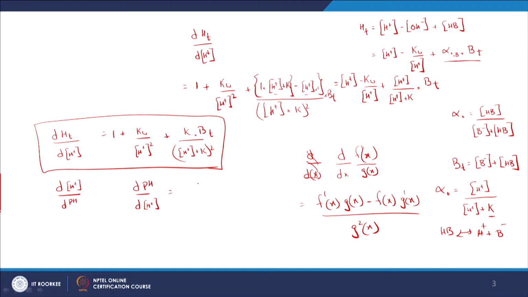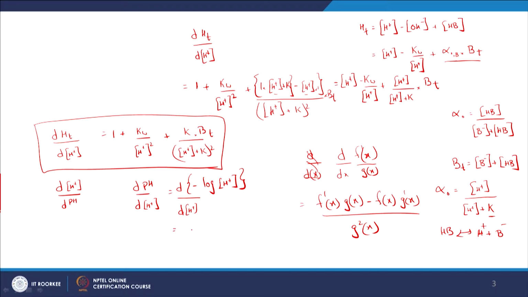And what is that going to be equal to? We know that pH is minus log h plus, right? And so that derivative is what we are trying to look at here. But we know that, you know, integrals and derivatives, we can't look at log to the base 10. So we need to transform this into natural logarithms, right? So how do we do that?